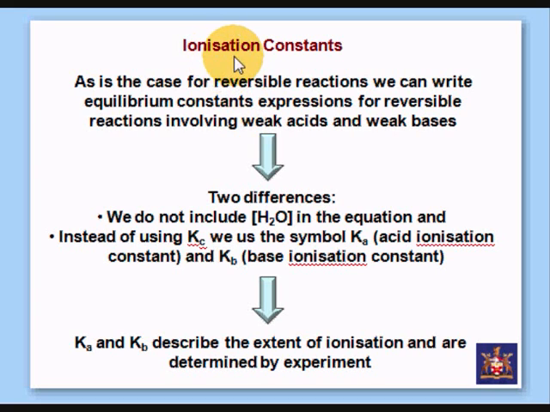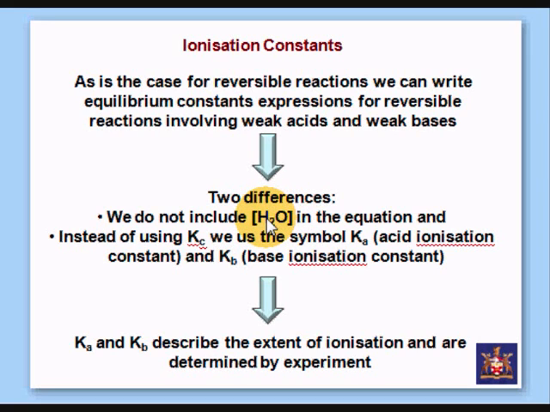So we can write what are called equilibrium constants, but in these cases for acids and bases they're actually called ionization constants, but the two are interchangeable. So for reversible reactions involving weak acids and weak bases, there are two differences. We don't use the H2O because it has a concentration, if you like, of 1. It's 100% because the stuff is dissolved in H2O, so the H2O is omitted.